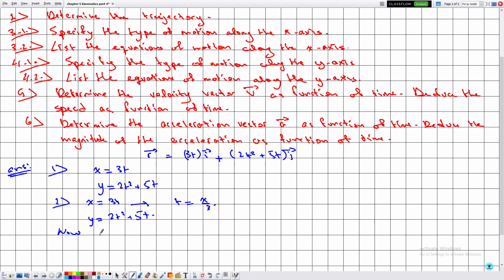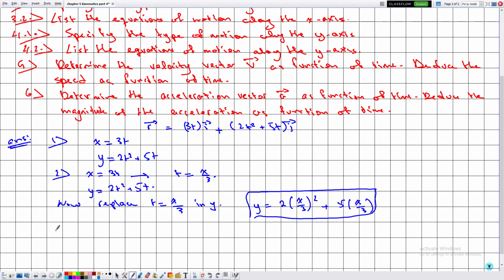Now replace t equal to x divided by 3 in y. Then y is equal to 2 times (x over 3) to the power 2 plus 5 multiplied by x divided by 3, and in this case this is a parabola.